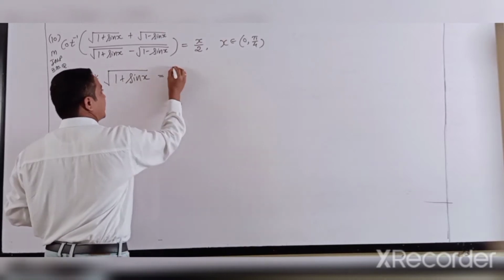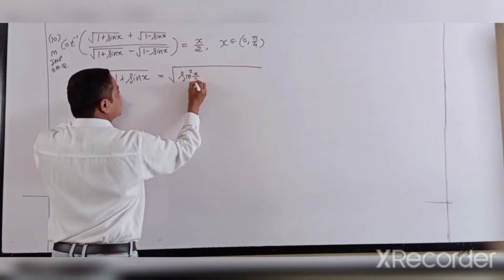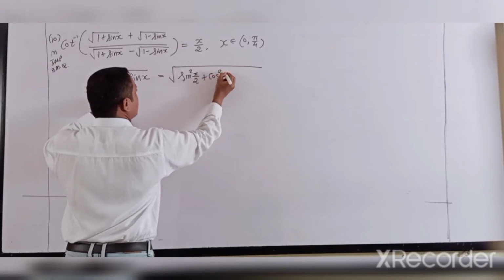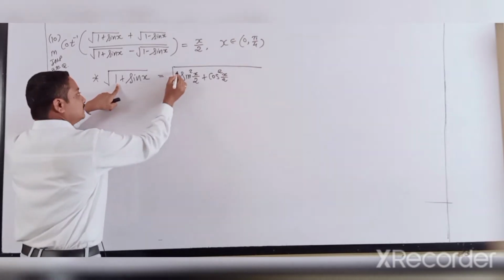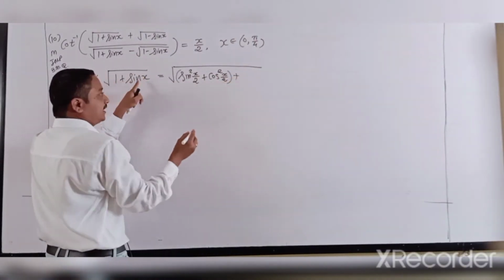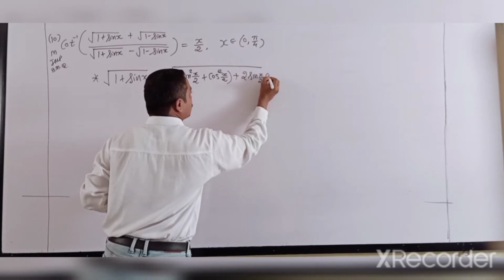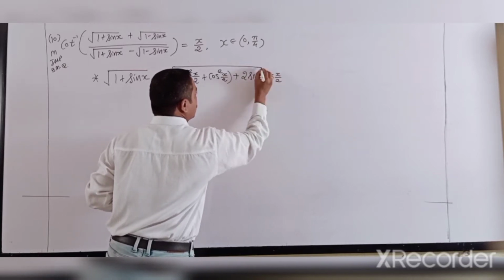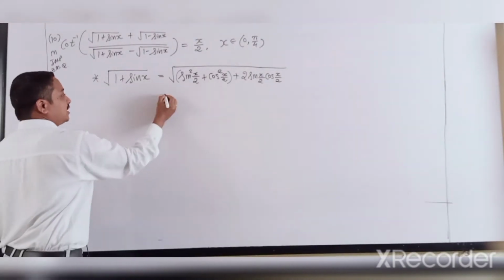So can I write in one place sin square x by 2 plus cos square x by 2? This is only one, students. And sin x is equal to 2 sin x by 2 cos x by 2, which is my trigonometric formula.